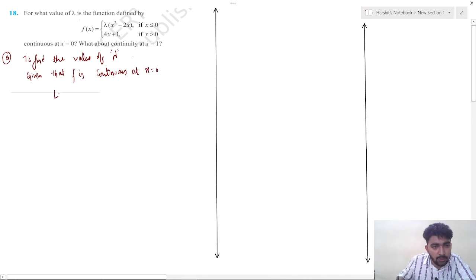And what is the meaning of continuity? LHL equal to RHL equal to function value.